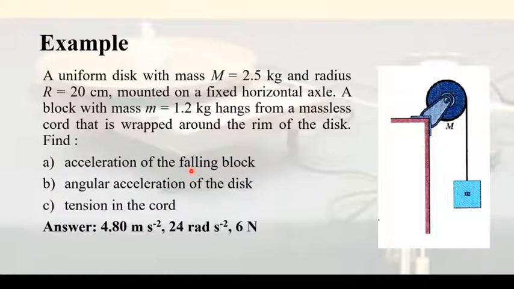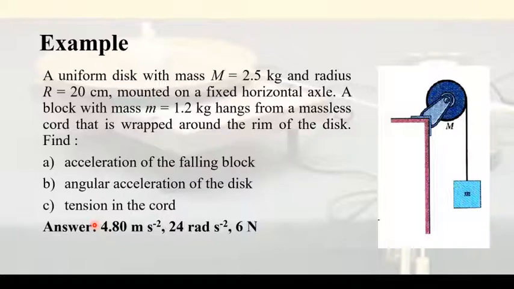And the questions ask you to find the acceleration of the falling object and the angular acceleration of the disc, as well as the tension in the cord. So if you look at these questions, it is a combination of rotational motion and linear motion. Okay, you combine both in one question. So now let's see how we are going to solve this.